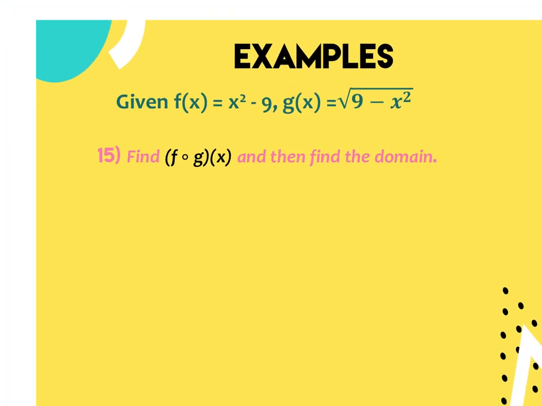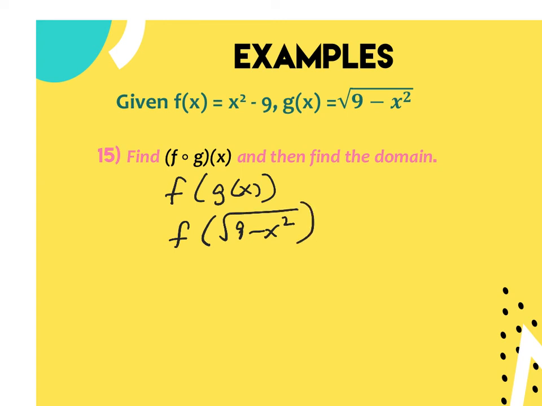So first we're going to do what we just did on the previous examples. Let's go ahead and find the composite function. So I'm taking my f of x function and plugging in g of x. I'm going to take f and plug in 9 minus x squared under the radical. So I'm taking out x and putting this in it.